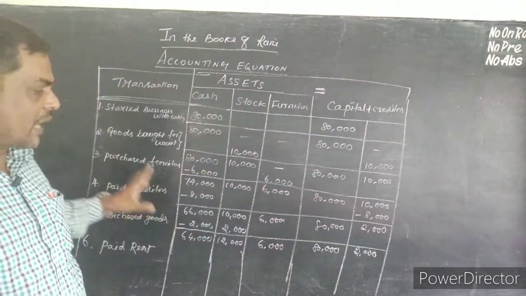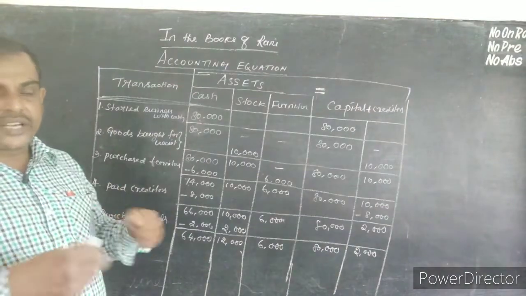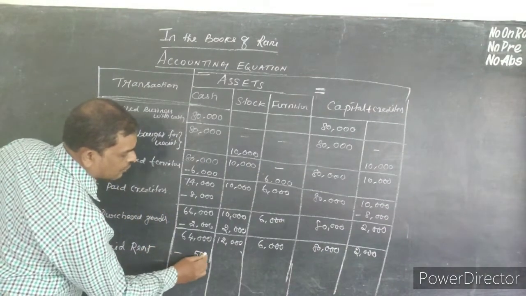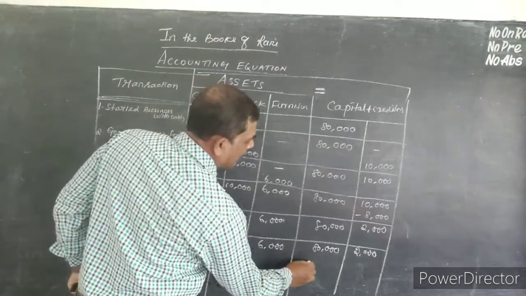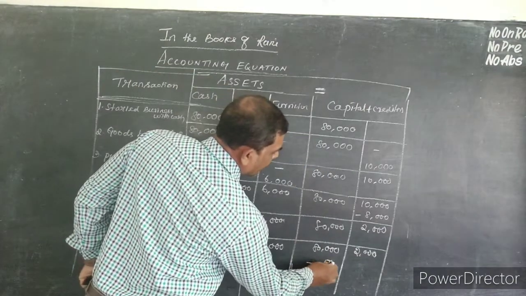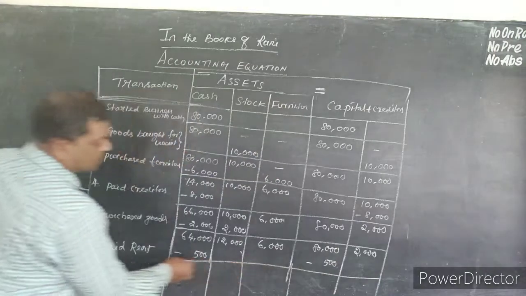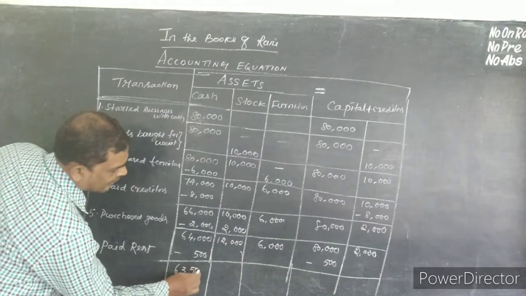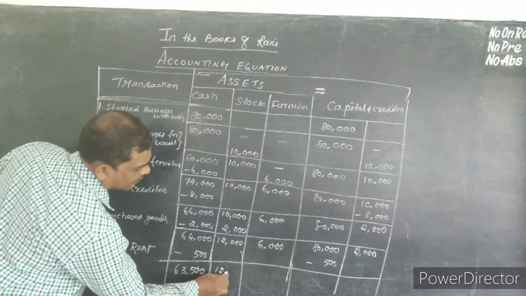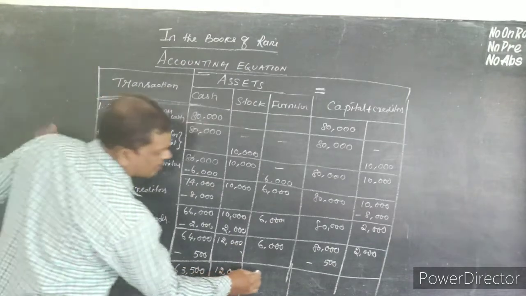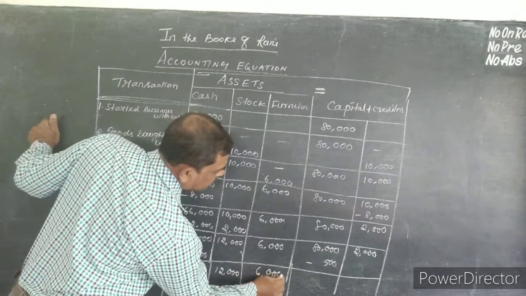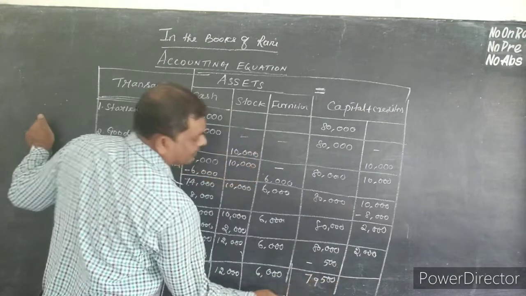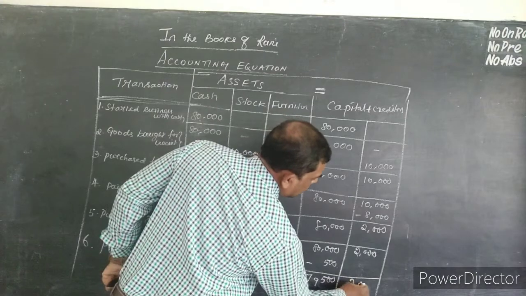So minus 500 in cash, and likewise minus 500 in capital. Now you just add it. 63,500, 12,000, 6,000, 79,500 and 2,000.